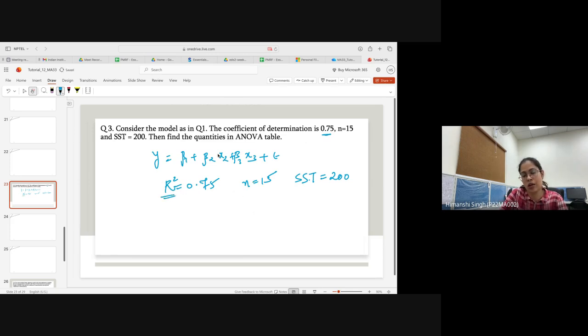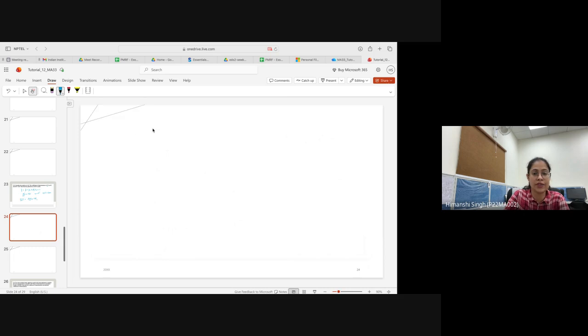Now by the formula of R square, can I get them? Because I have SS total, and I know that SS total is equal to SSR plus SSE. I know this quantity, but I don't know both of them. Now how to get both of them? Is there any formulation in R square by which I can get any one of them? If I get one of them, I can get the other one because I already know SST. So what is the formula for R square? R square is SS regression divided by SS total.